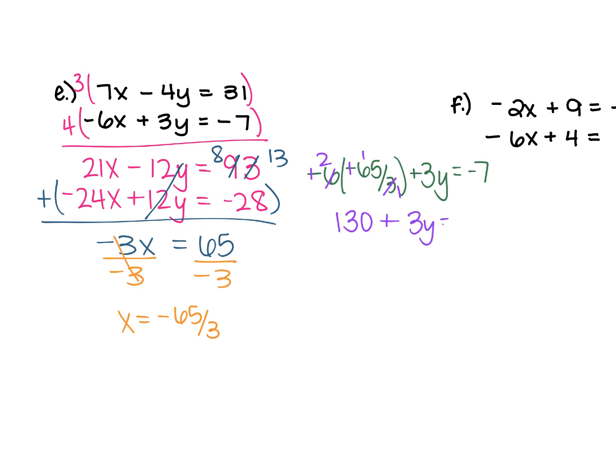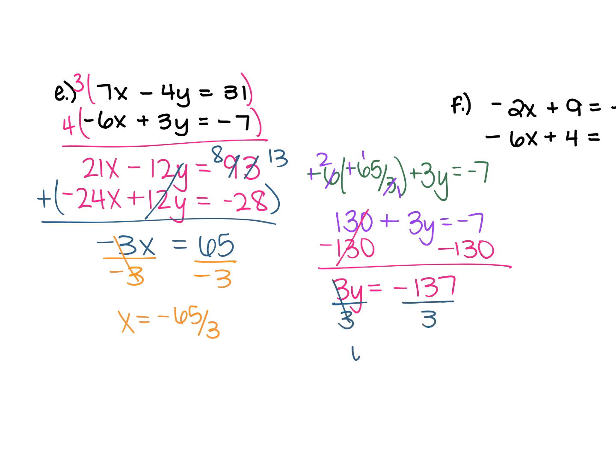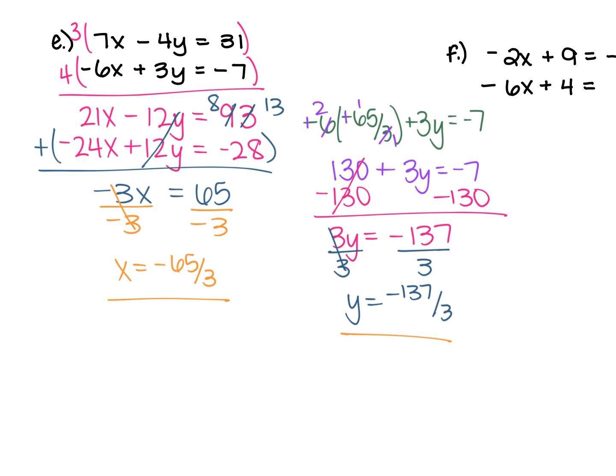Plus 3y is equal to -7. All right, so from here, we're moving the 130 over by subtracting it from both sides. And we get 3y is equal to -137. Divide each side by the 3. Y is equal to -137 over 3. So you have your x and your y, make your ordered pair. That gives you -65 over 3, comma, -137 over 3.